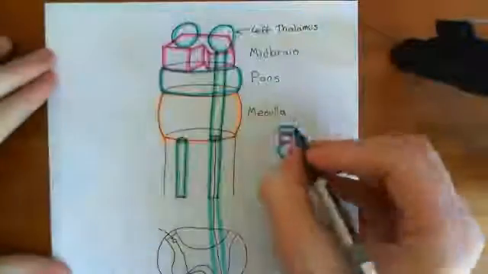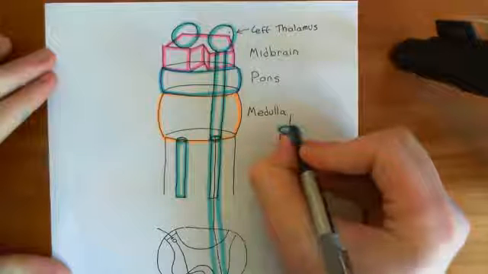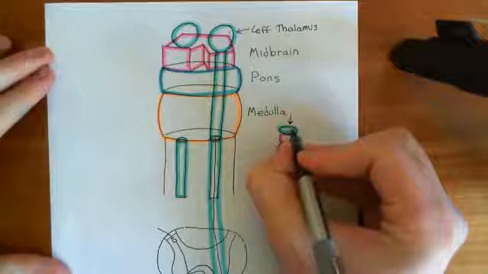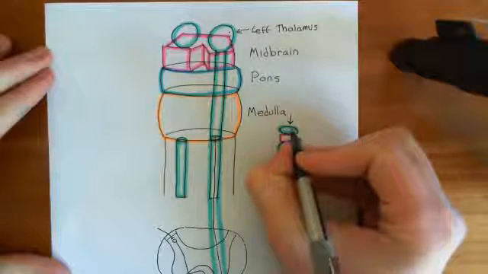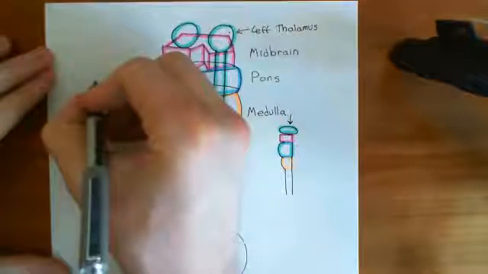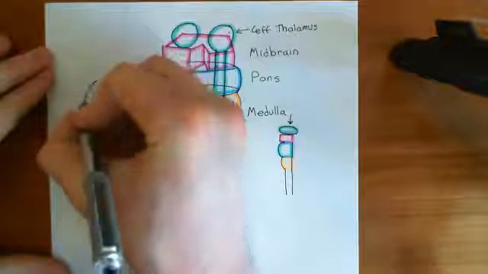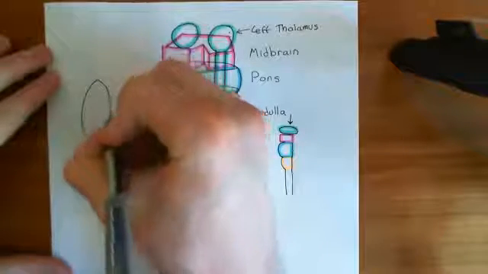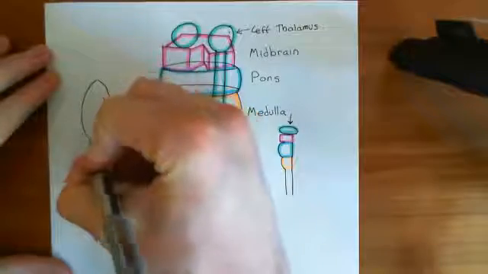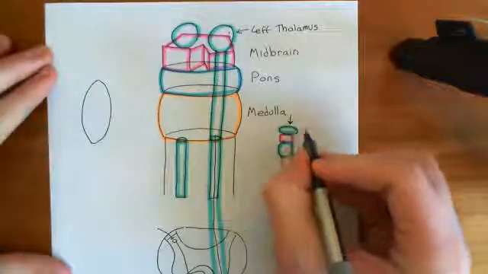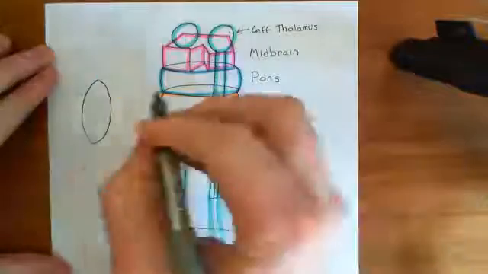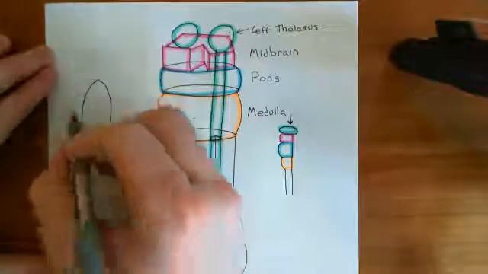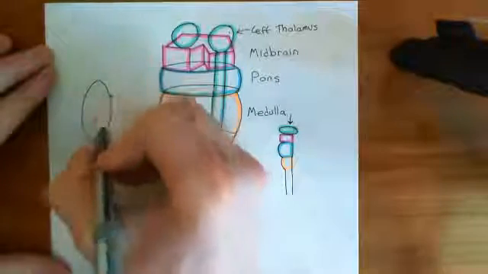So what I'm now going to do is draw a picture where we're looking down at the thalamus from above. Imagine looking down onto the thalamus, and I want to draw what you would see. You'd see an egg shape, basically, like so. I'm only drawing one of these, remember, the left thalamus. So this is the anterior portion, this is the posterior portion, this is the lateral side, and this is the medial side.